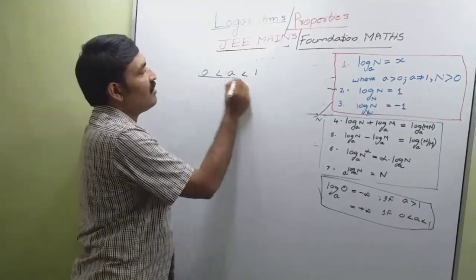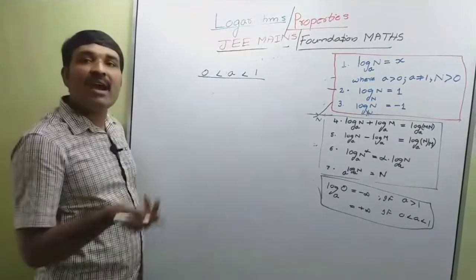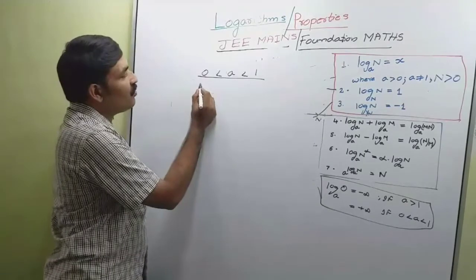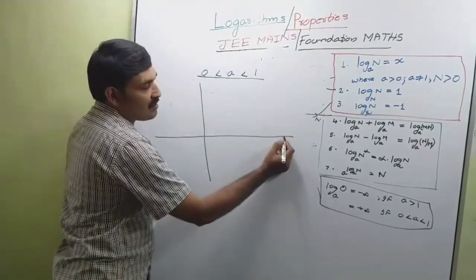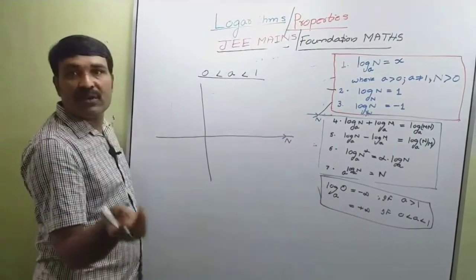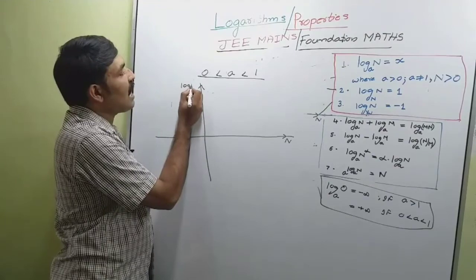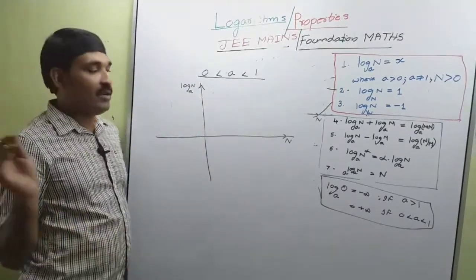let us draw the graph. And again, for any value of base a, log 1 is 0. Now the graph looks like this. This is n, the positive real number n, and this is log n to the base a, such that a is lying between 0 and 1.